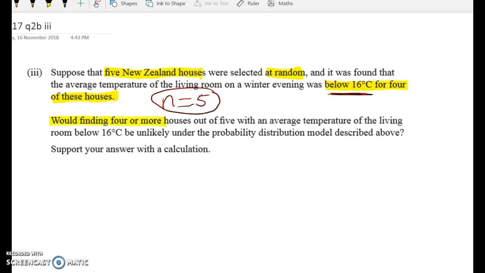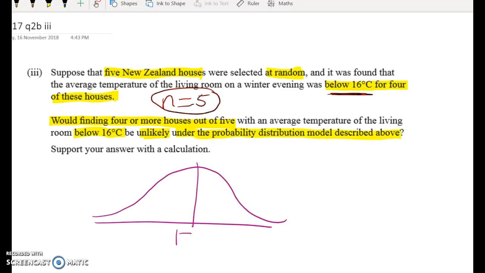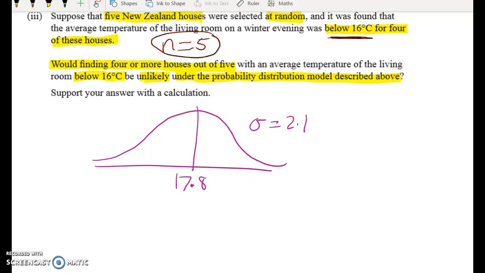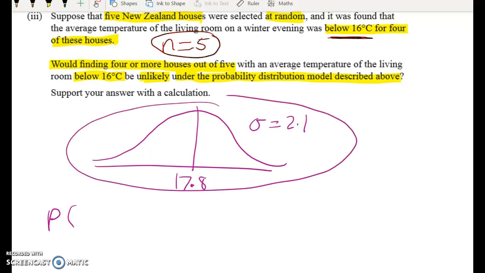Would finding 4 or more houses out of 5 with an average temperature below 16 be unlikely under the probability distribution model described above? In other words, we started out this question assuming that the mean was 17.8 and sigma was equal to 2.1. So what we're asking is, first of all, what's the probability using this model of getting a house with an average temperature below 16 degrees?